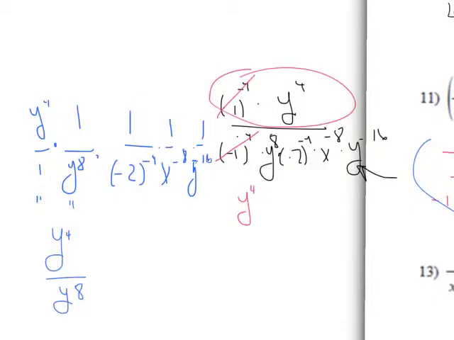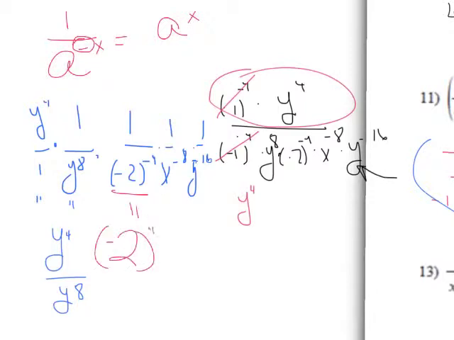The next piece is here. So remember that 1 over a to the negative x is a to the x, because the negative portion of a negative exponent doesn't tell us anything about the coefficient. It just tells us that we're talking about the reciprocal, which means that this is actually negative 2 to the 4th over 1, because it's reciprocal.